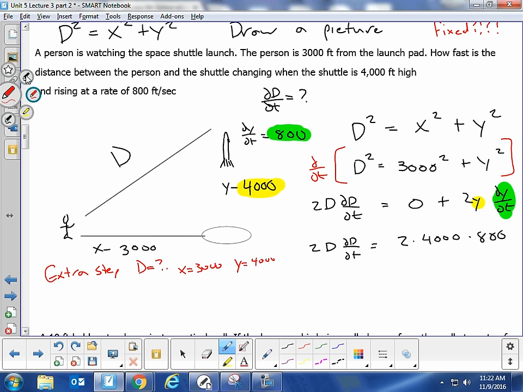This is another reason why these are a little bit more difficult. So I get x squared plus y squared is equal to d squared. 3,000 squared plus 4,000 squared turns out equals 5,000 squared. It's a 3, 4, 5 right triangle.